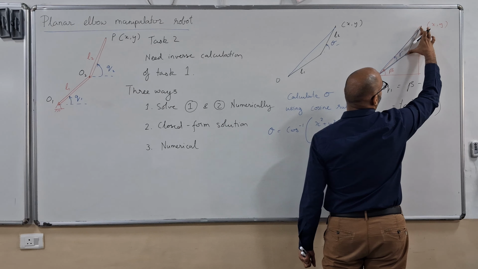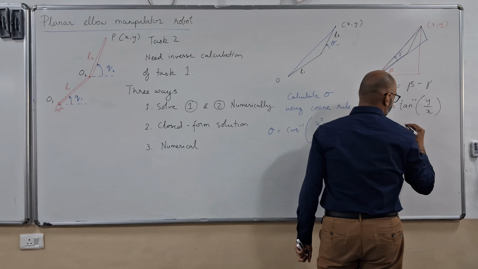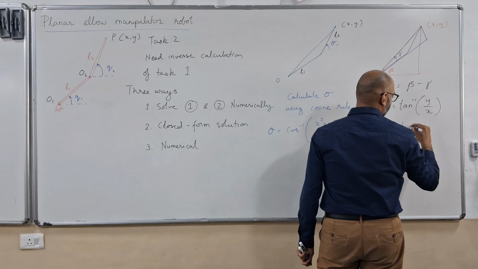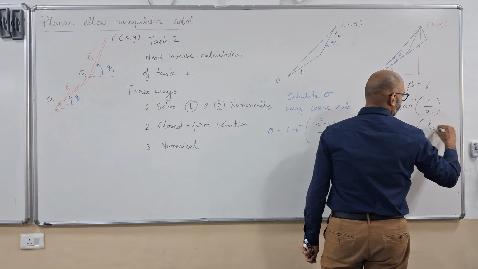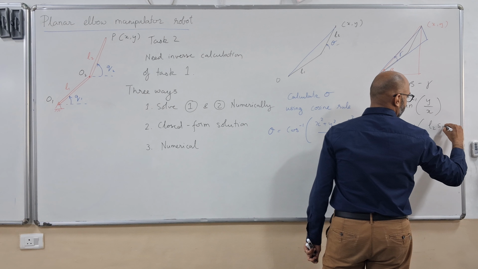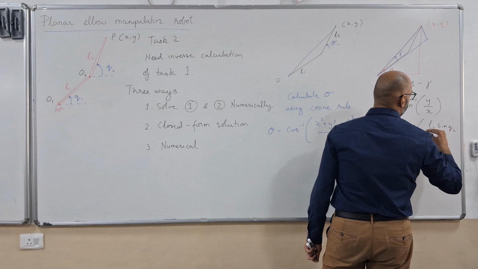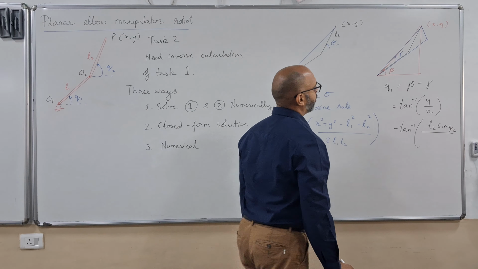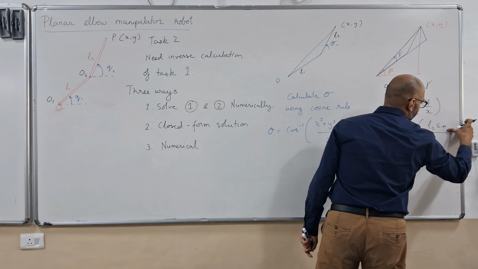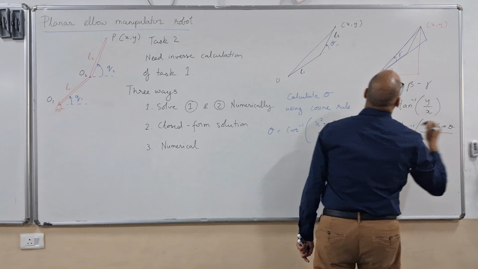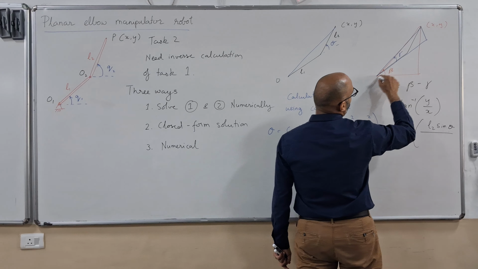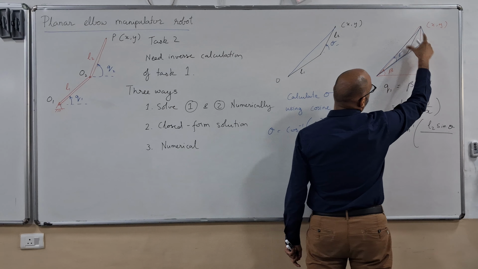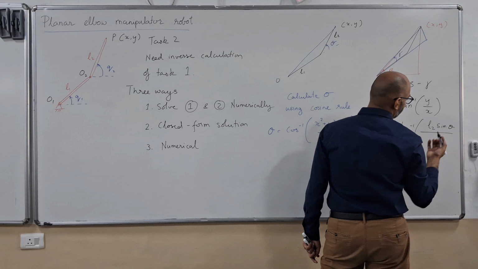Opposite is L2 sine theta, and adjacent is L1 plus L2 cosine theta.